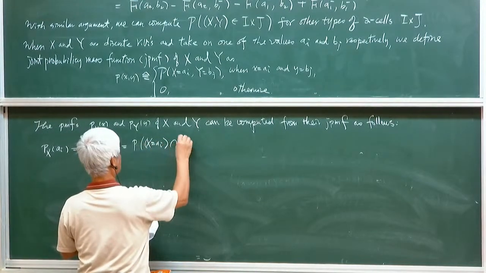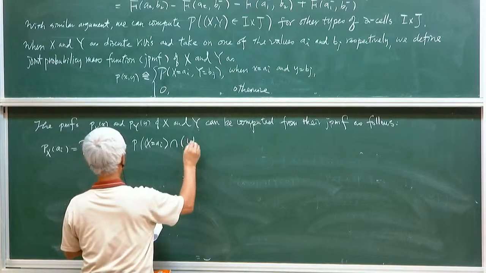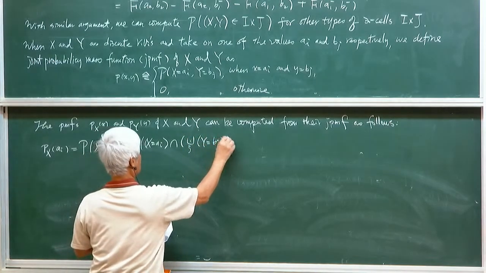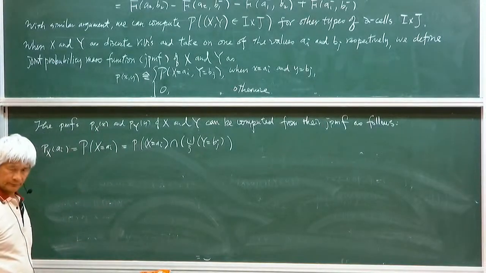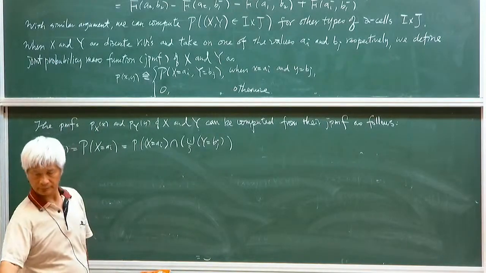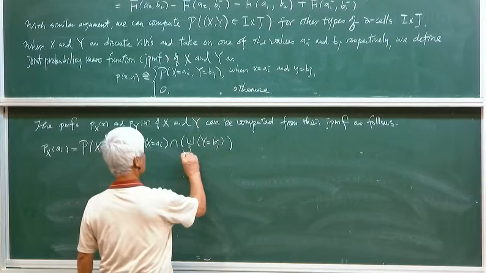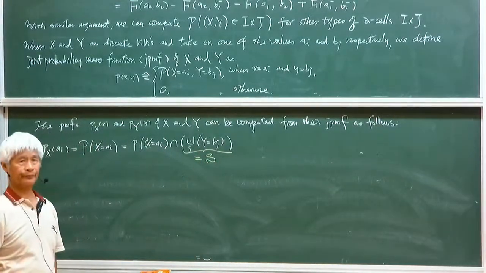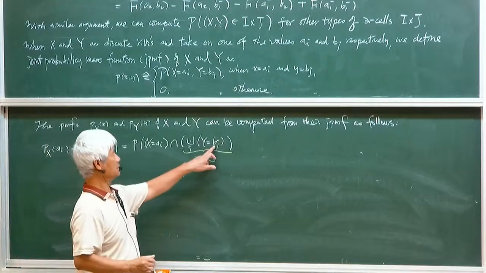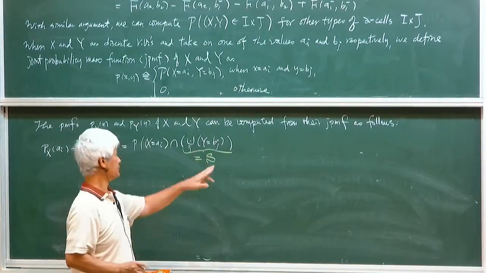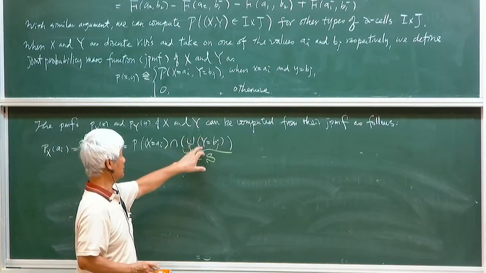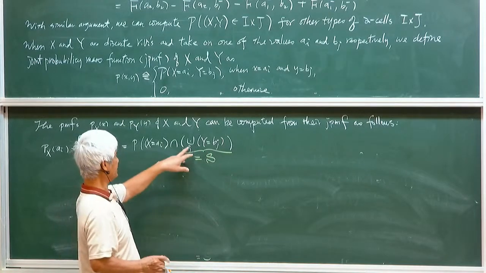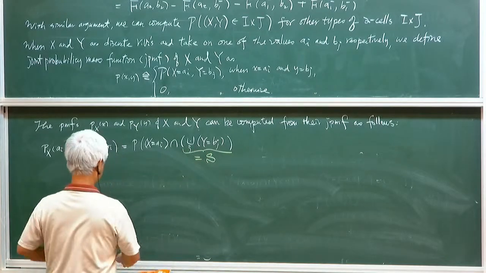Intersect the disjoint union over j. We know this is equal to the total event, because b sub j are the possible values of capital Y, so they are disjoint events, and the union is just the total event.